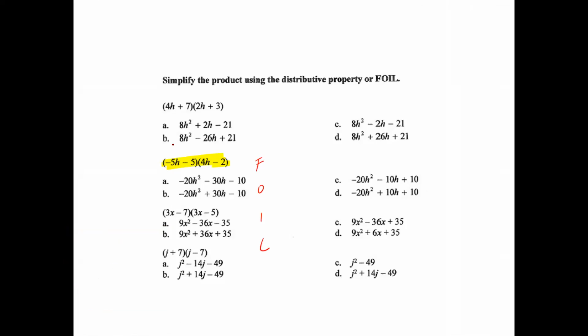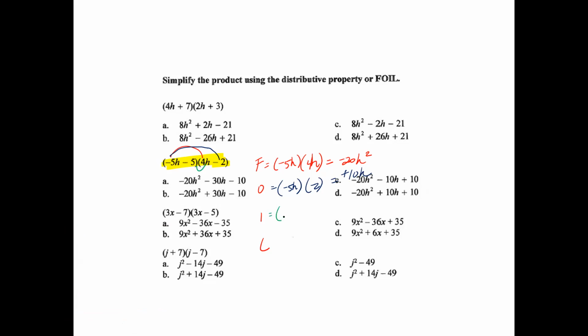FOIL. First is going to be a negative 5h times 4h, which is negative 20h squared. Outer is going to be negative 5h times negative 2, which is a positive 10h.